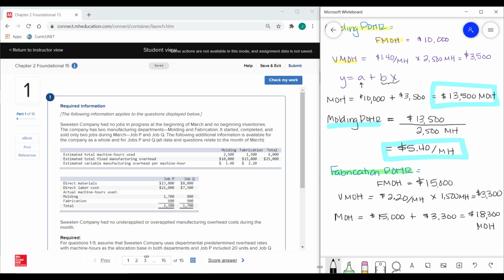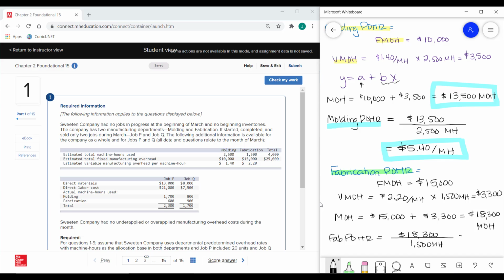Okay, now we can use that to find our fabrication department's pour. Now, how do we do that? We take the total estimated overhead to be incurred in that department of $18,300 and divide that by the total estimated number of machine hours in that department, which is 1,500.